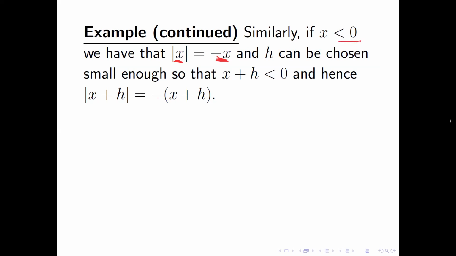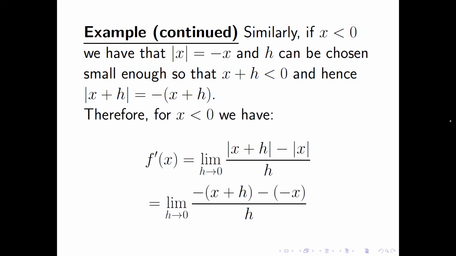It's when x is strictly less than 0. So by using the definition, the limit when h approaches 0 of this absolute value, when x is strictly less than 0, is equal to minus x plus h.